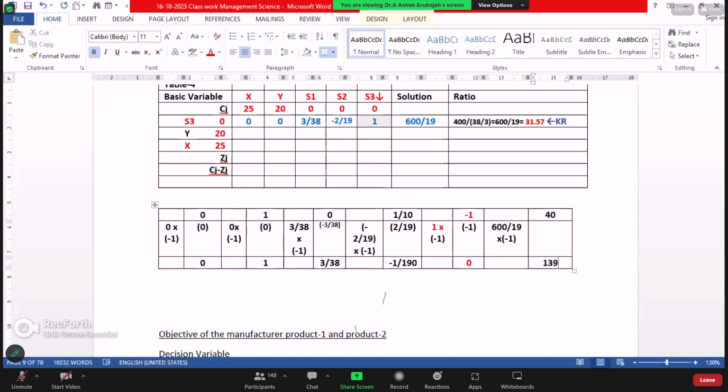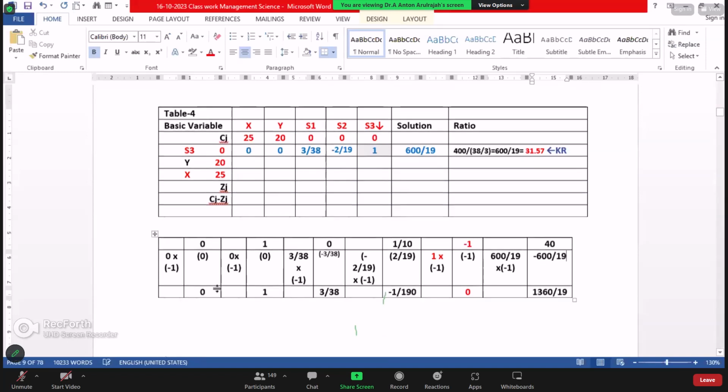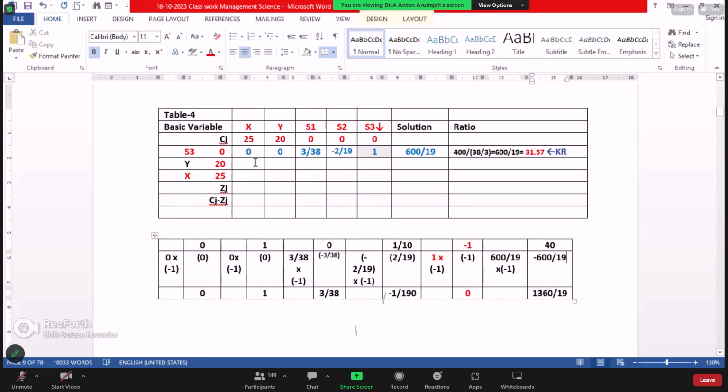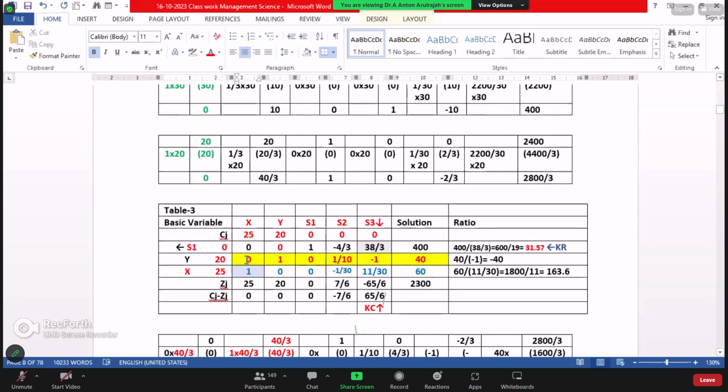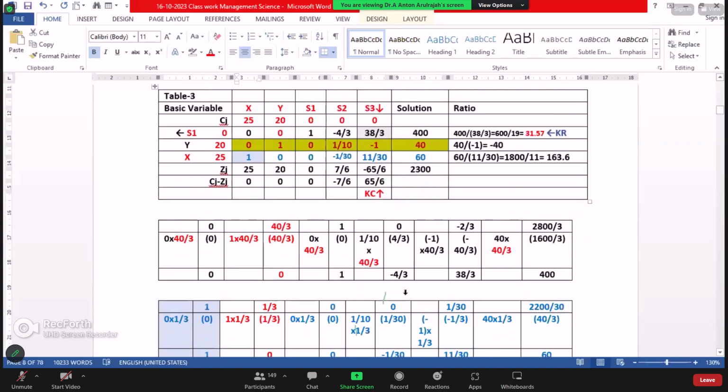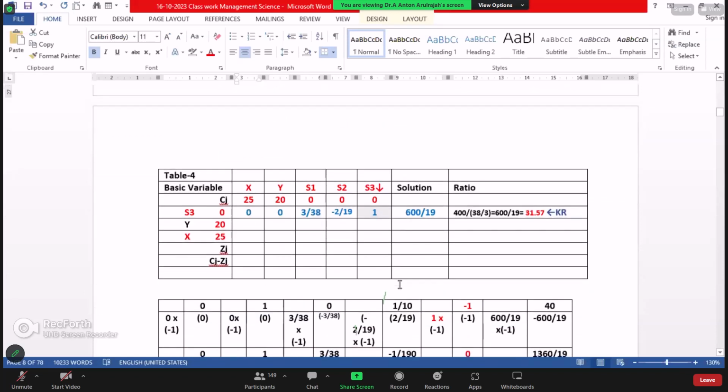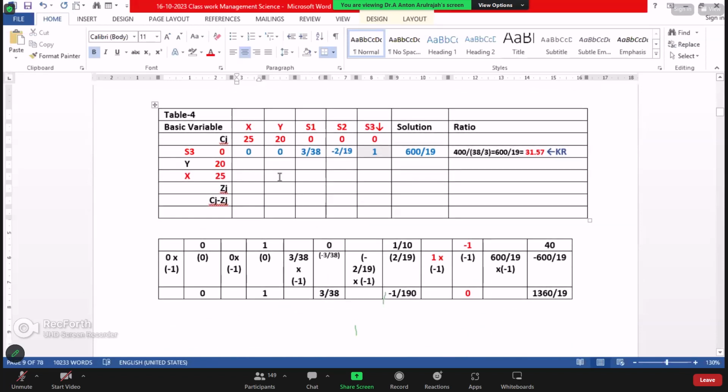So 90. So if you multiply, that is minus value, minus 600 into 90. Then we have to put these values there. Here 0. This is 0. This is 1.